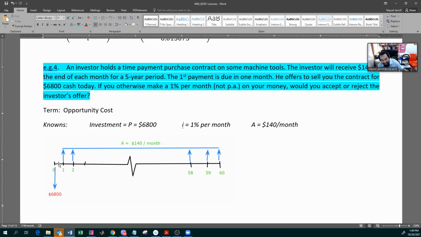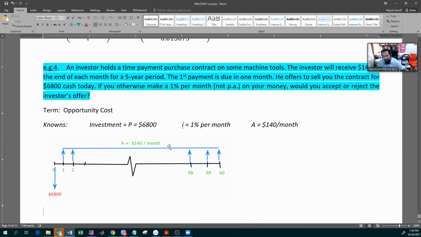No, it's actually the other way around. If you were to deposit your $6,800 into a bank account which was giving you 1%, what would that result in 60 months time? Or what would be the value of $140 per month?